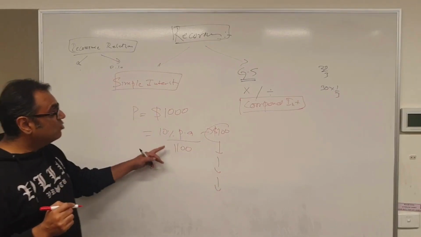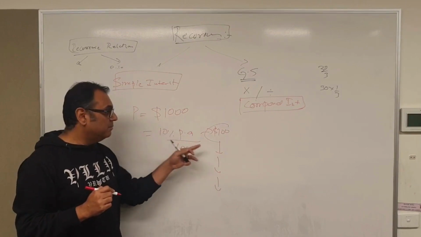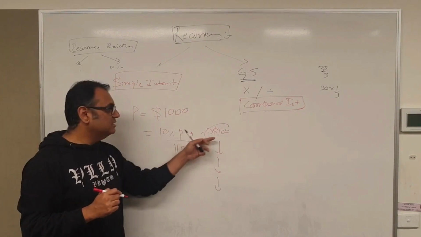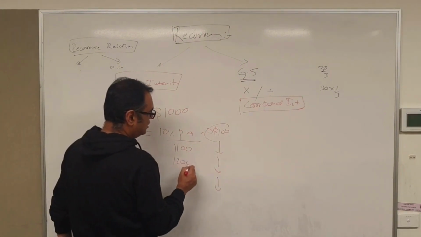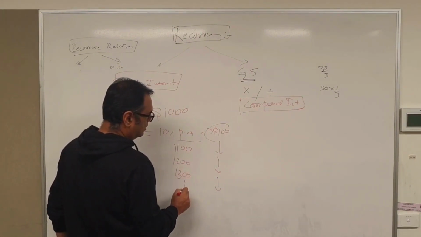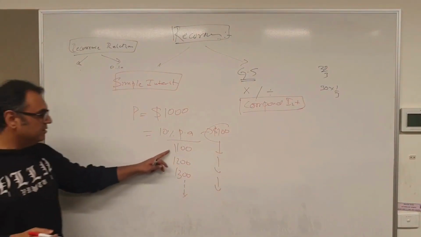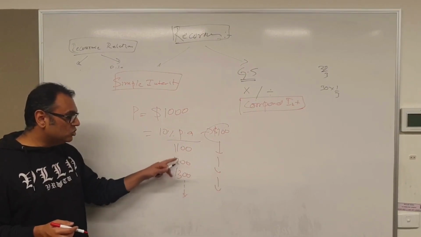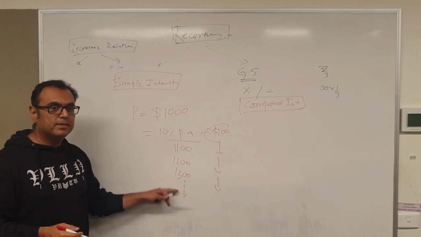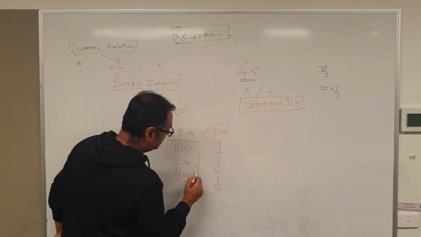So ideally, I should have got 10% of $1,100 rather than 10% of the original amount. But the bank doesn't care about it. Just keeps paying me $100. So my balance just keeps going in the multiples of 100, even if the balance is far more than $1,000, right? So I lose some interest here. So my common difference between them is always 100.